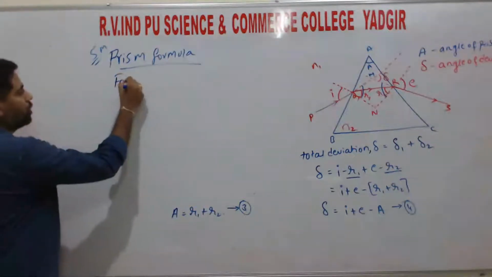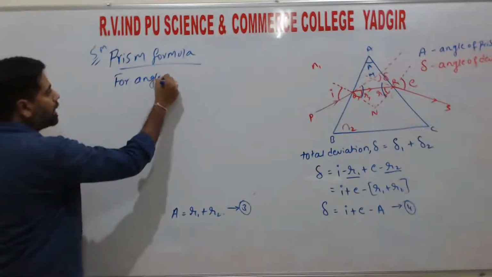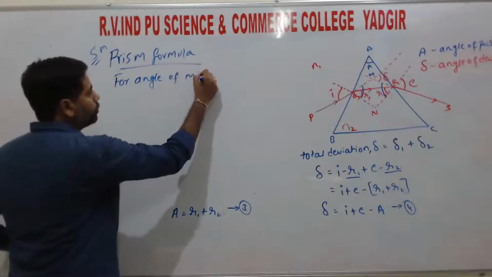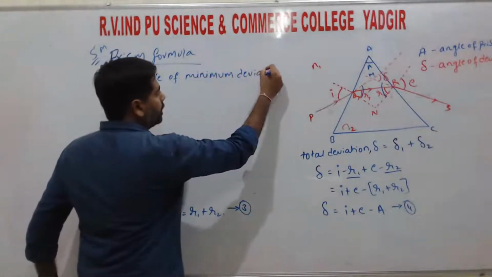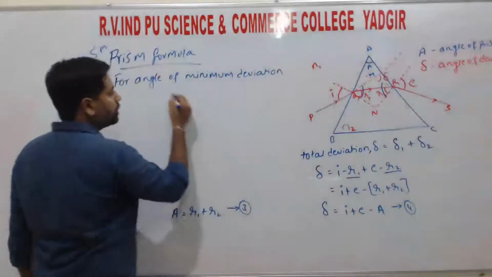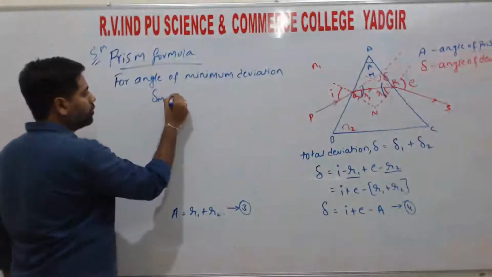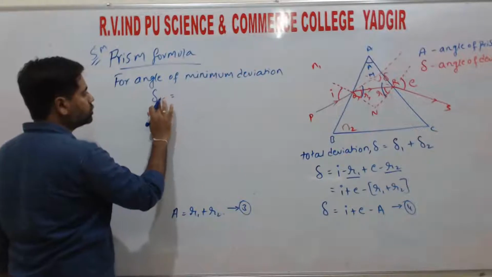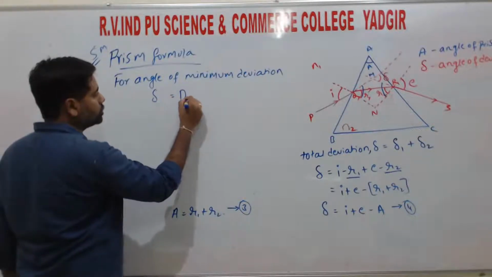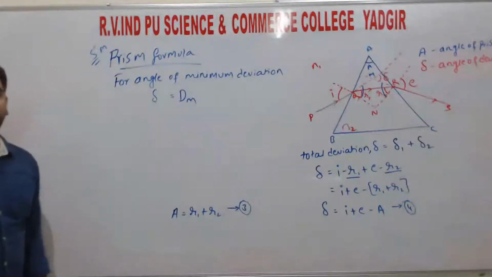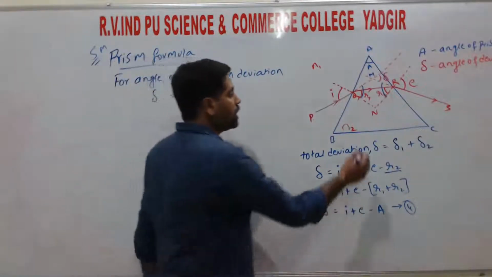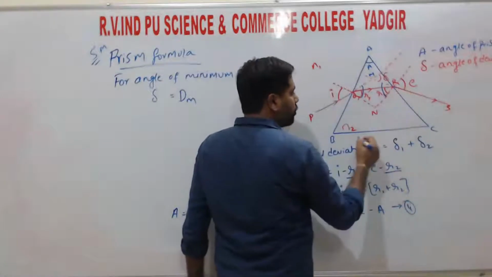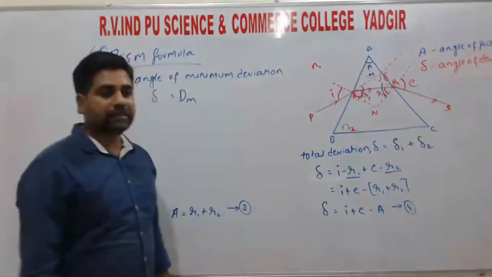For angle of minimum deviation, that means delta is equal to minimum deviation, delta m or Dm, right? For this to be achieved, the refracted ray QR must be parallel to BC, right?